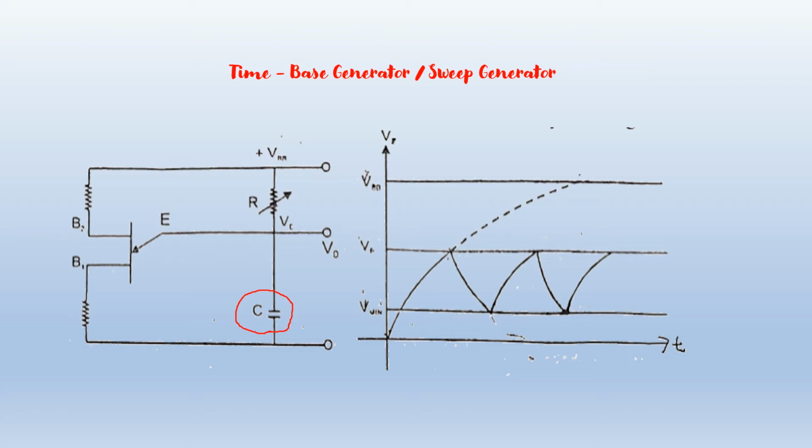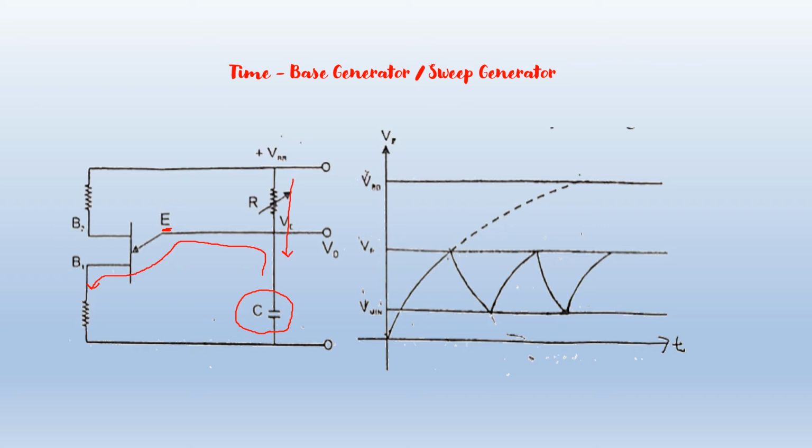This is the emitter terminal of the unijunction transistor. It provides a low resistance discharge path between emitter and base B1, so the capacitor gets a path to discharge through base B1. At this instant, the emitter-base junction is reverse biased and the capacitor starts charging once again through resistor, like this.